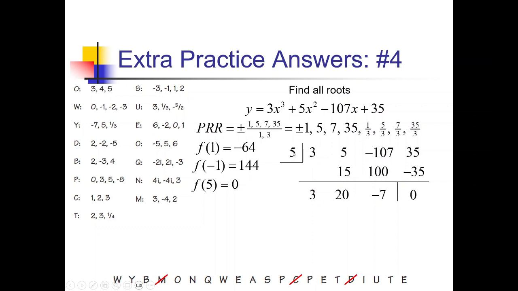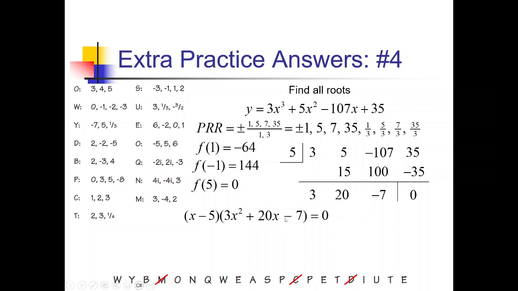So I have an x minus 5. I also have a 3x squared plus 20x minus 7. So I'm going to need to use some kind of advanced factoring technique, either guess and check or the AC method. I'm actually going to go with the AC method for factoring this down further.